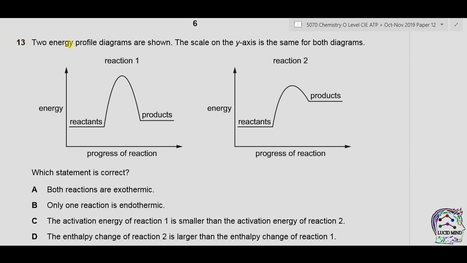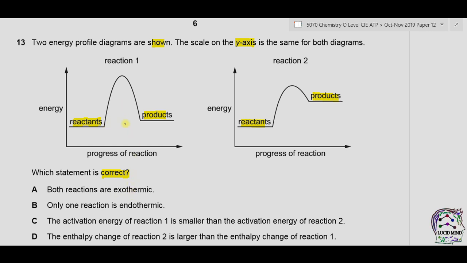Question 13. Two energy profile diagrams are shown. The scale on the y-axis is same for both diagrams. This is reaction 1 and reactants are below products. This is reaction 2 and there is larger energy difference between reactants and products. Which statement is correct? A. Both reactions are exothermic.